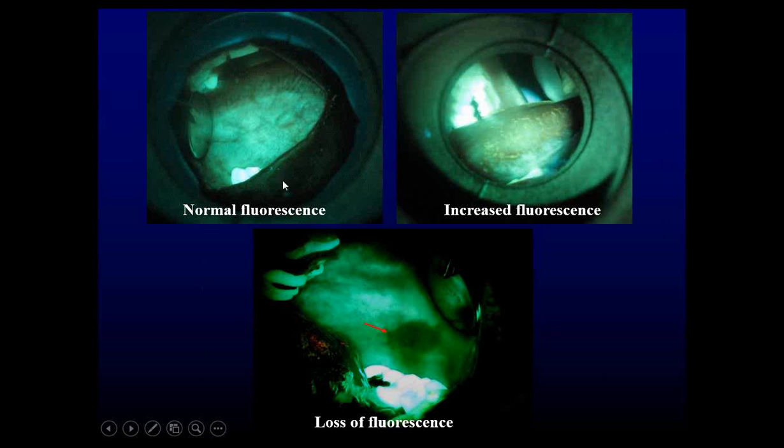And in this you can see this is a normal fluorescence, a normal tissue under Velscope showing normal green fluorescence.